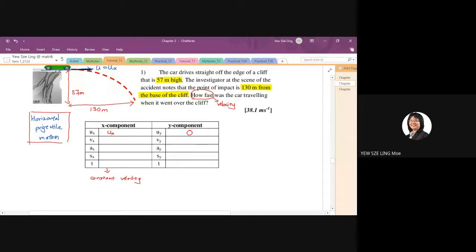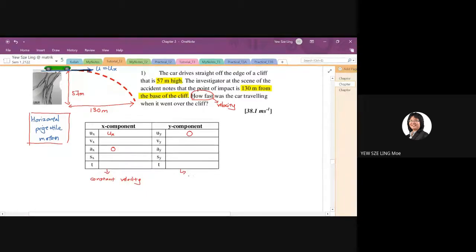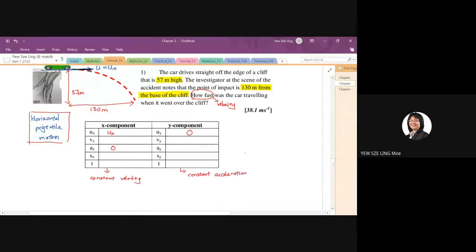So it means ax is always equal to 0. And for ay, because we assume the object is moving solely under the influence of gravity, it's moving with constant acceleration.